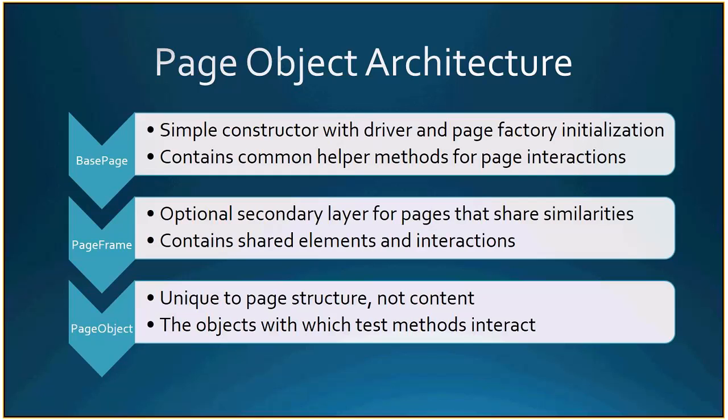You can have a page object for that and just use it. So that's useful. And then finally, there's the bottom layer of page objects that are basically one per page. Each page has its own, which has references to its various things that you need on that page. And that's what the test methods actually use.